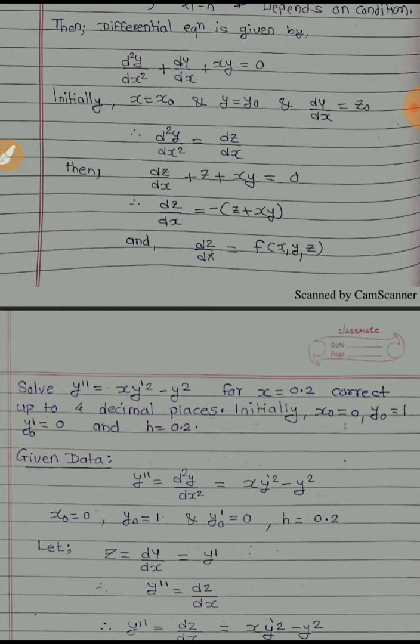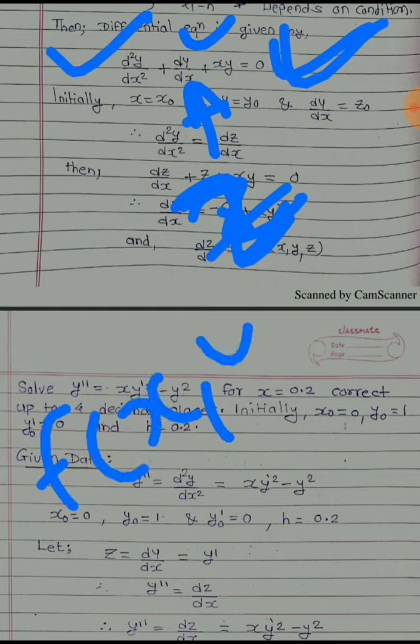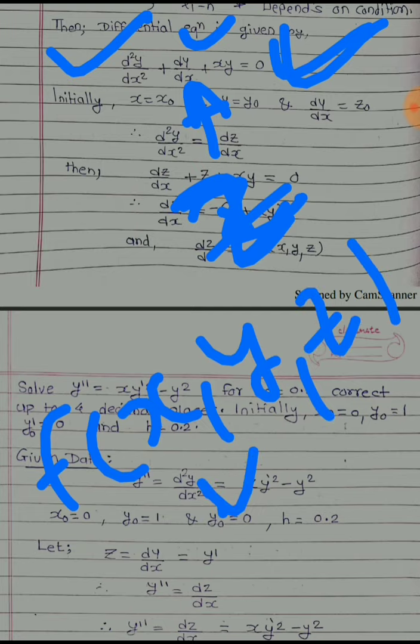Generally the second order differential equation will be given by d square y by dx square plus dy by dx plus xy is equals to 0. Here this term is z, so that is why it is said the function is f of x comma y comma z. It is a function of x y, and also the z term is present there.